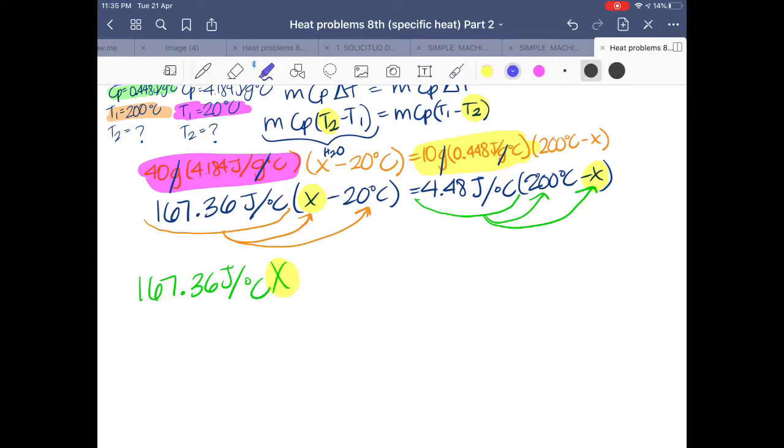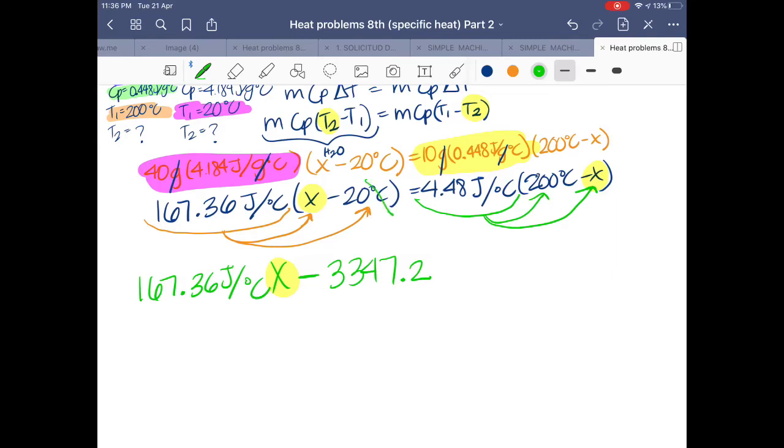Then you have a minus here, so you'll put a minus here and you multiply 167.36 times 20, 3,347.2.